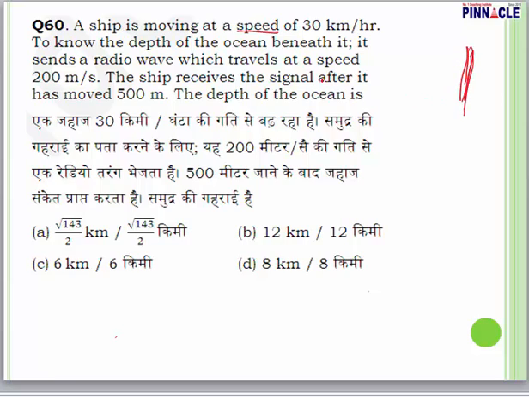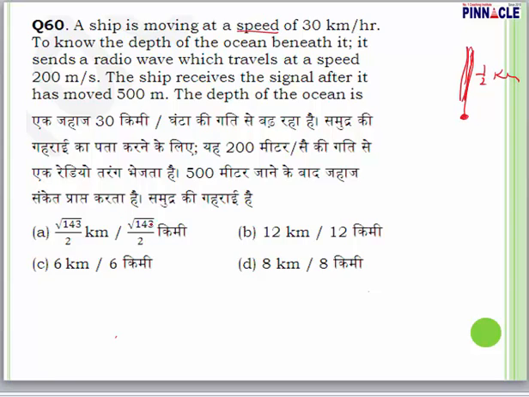Speed of ship. To know the depth of the ocean beneath it, it sends a radio wave which travels at a speed of 200 meters per second. The ship receives the signal after it has moved 500 meters. Depth of ocean would be how much? So the ship earlier started at this point. Now it moved 500 meters, that is 1/2 kilometer, because everything we will take in kilometer.